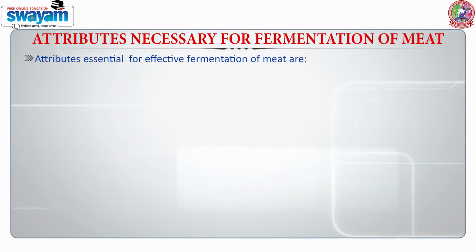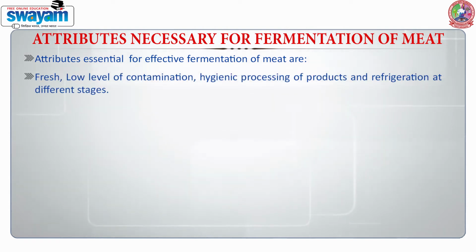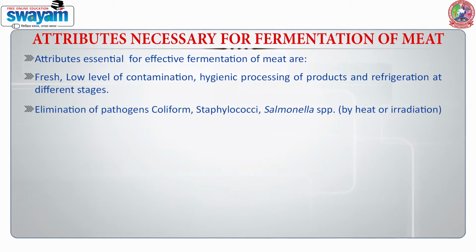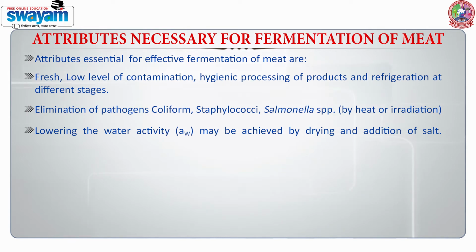There are certain attributes necessary for fermentation of meat. It should be fresh with a low level of contamination, the processing should be hygienic, and refrigeration should be resorted to at different stages. Elimination of pathogens like coliform, staphylococci, and Salmonella species may be undertaken either by heat or by irradiation. There is a need to lower the water activity, and this can be achieved by either drying or addition of salts.